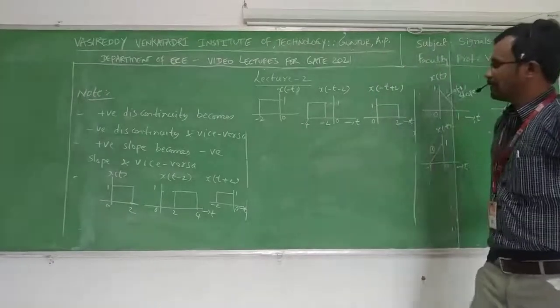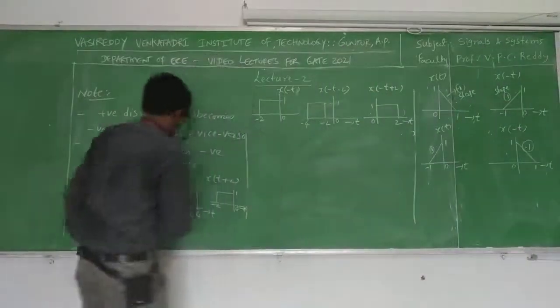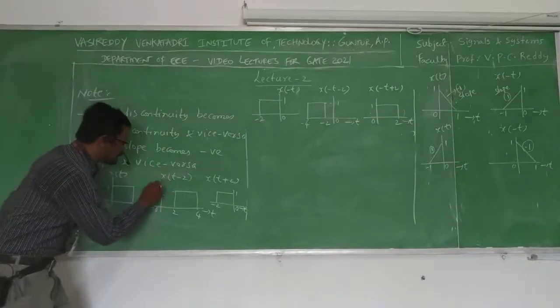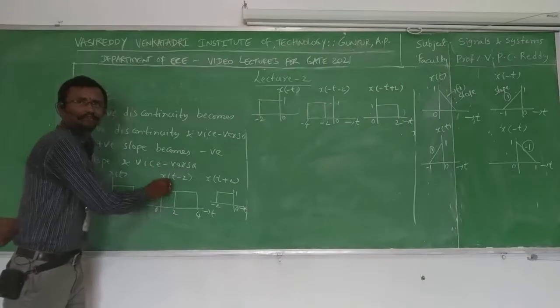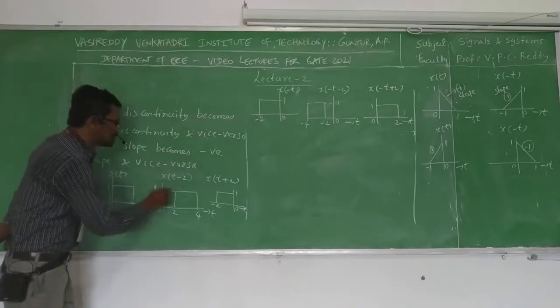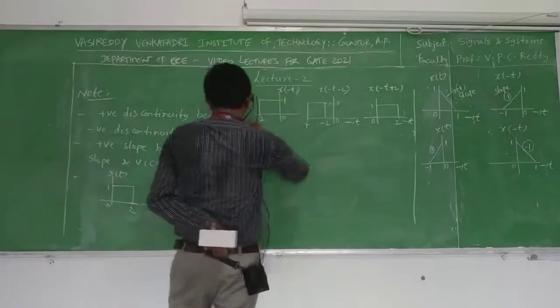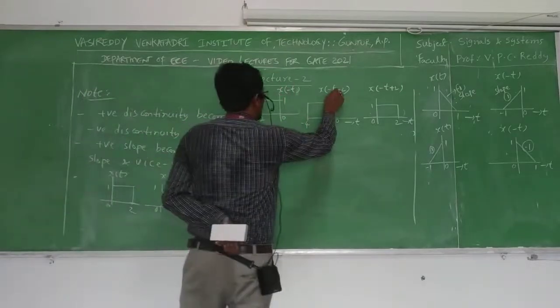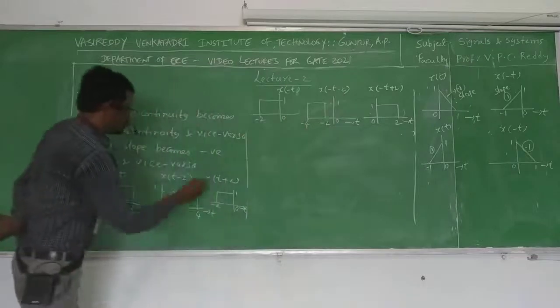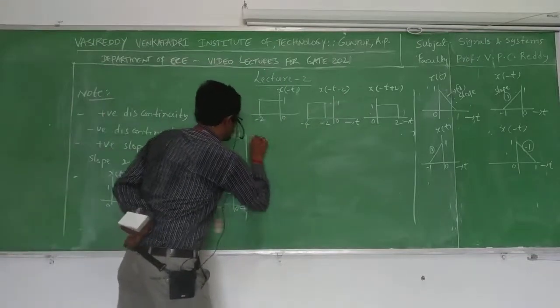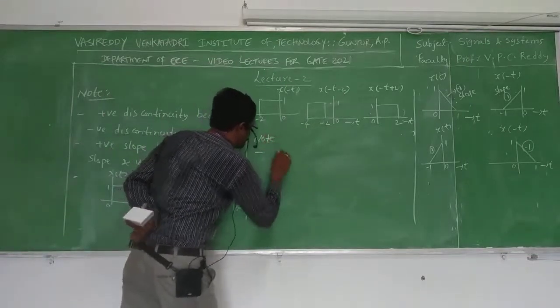What is the note point? If the original signal is delayed, then what about the time reversed version of the signal? This gets advanced. Okay, so always just look at here, note point.